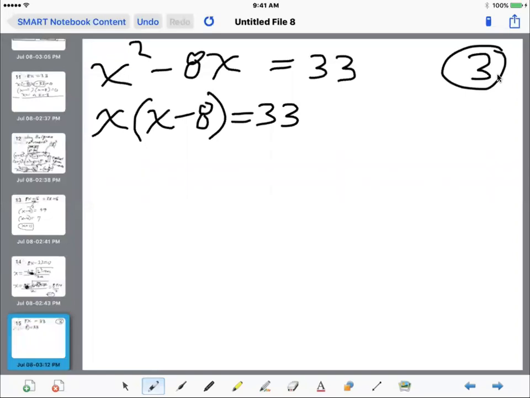And when you teach algebra and students want to do this, you say, great, you did it, but now what? Nothing to do from here. It's not like when it says equals 0, and you could say, oh, so x equals 0 or x minus 8 equals 0. We're at a point here where it's like, now what?